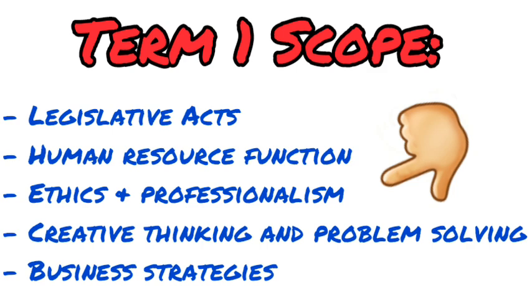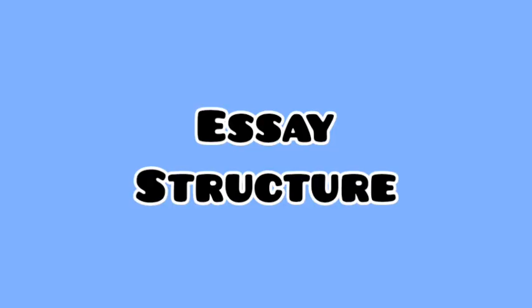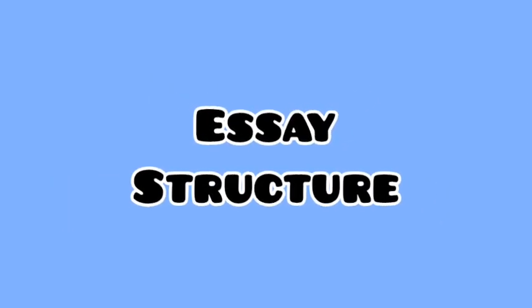So when you look at that question paper, you're going to choose the question that is not the legislative acts question, because it's going to be legislative acts in one question and any one of those 4 topics in the other. So that's how I would approach it going into the exam.